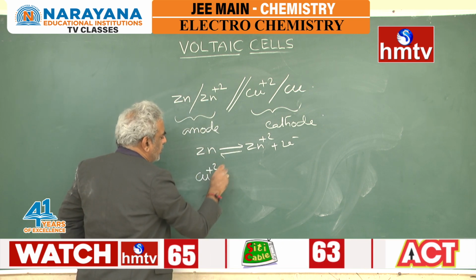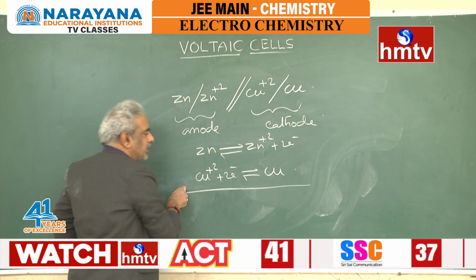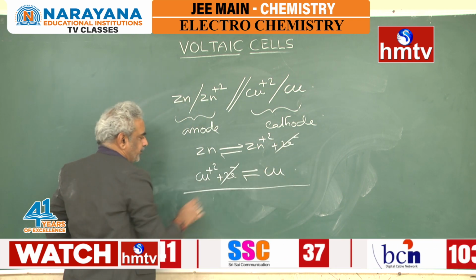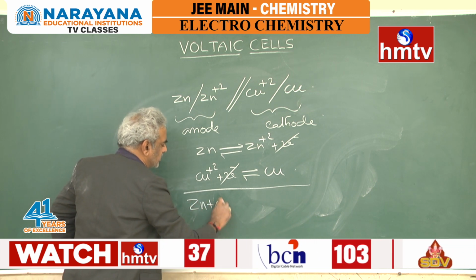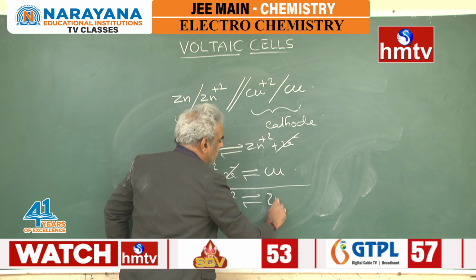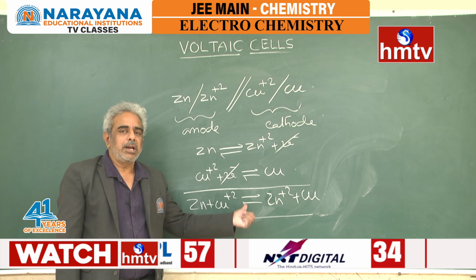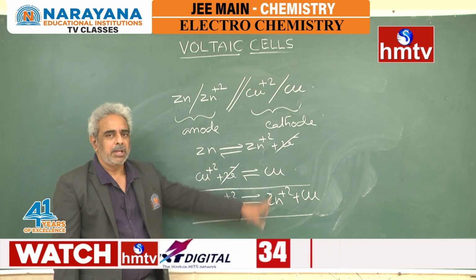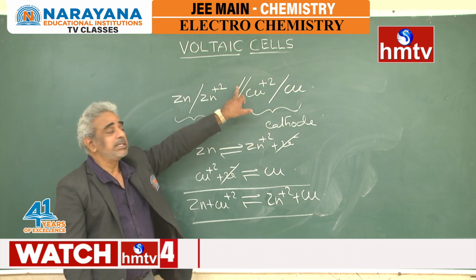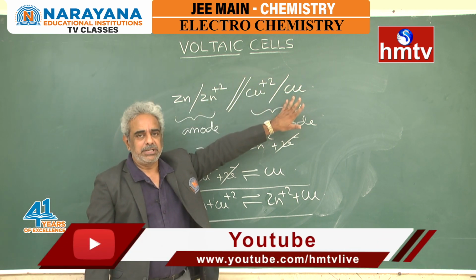Copper 2+ plus 2 electrons gives copper, reduction, and the net cell reaction is zinc plus copper 2+ gives zinc 2+ plus copper. This is the net cell reaction. This is the cell reaction, this is the half cell reaction, this is the cell notation, anode on the left side, cathode on the right side.